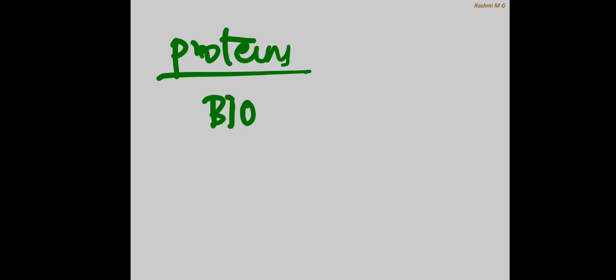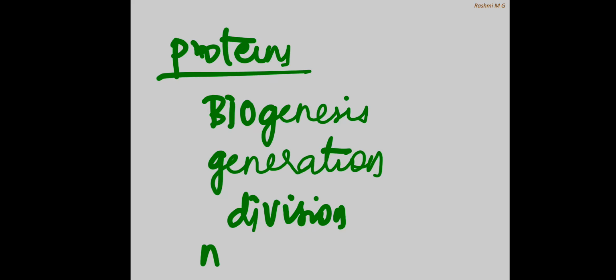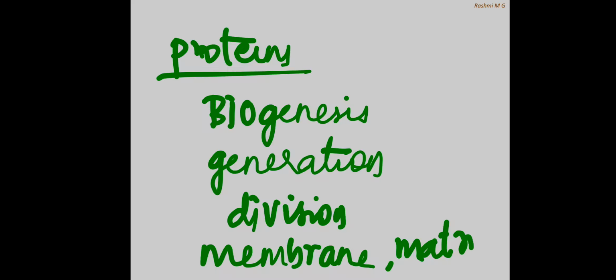So the proteins which are necessary for peroxisomal biogenesis and generation, and also proteins needed for division of peroxisome, and some of the membrane proteins and also matrix proteins are all present in the cytosol.